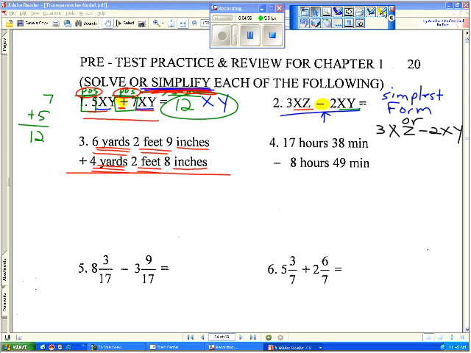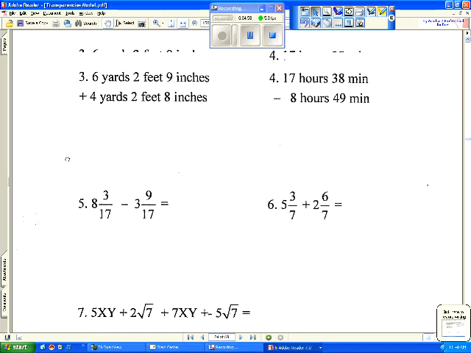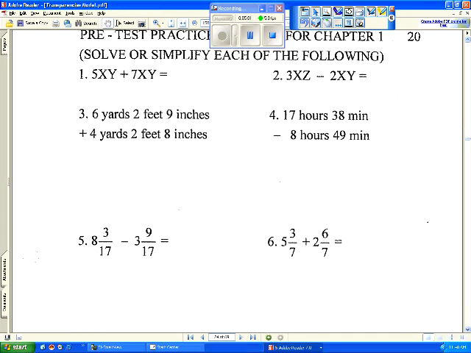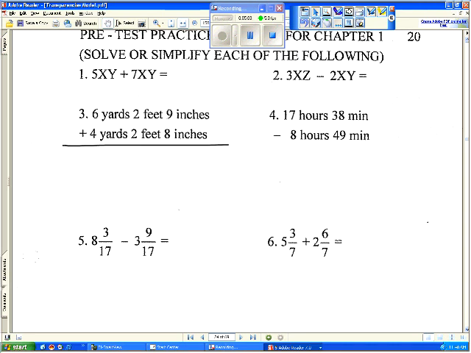So we're going to clear the screen. We're going to add inches to inches. 9 inches plus 8 inches is 17 inches. When you add, do you carry or borrow? You carry if you have enough. To carry or borrow, you ask the question, how many of these does it take to make one of those?